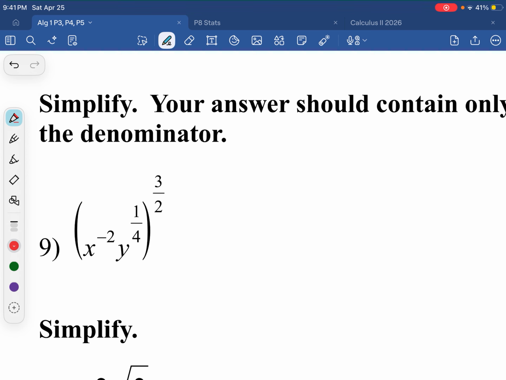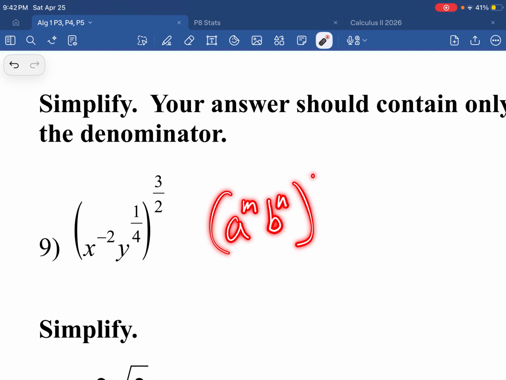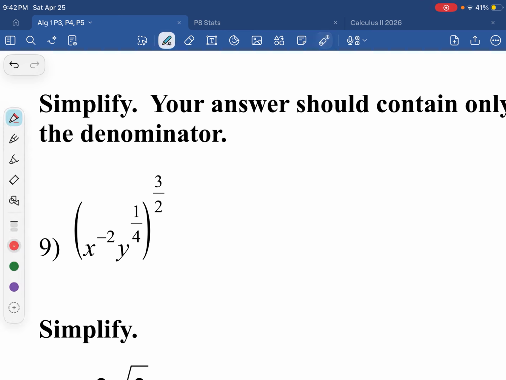When we raise a to a power, if I have a to some number, b to some power, raised to another power, I don't know, d, we're going to multiply the exponents. So here when it's x to the -2 raised to the 3/2, I'm multiplying -2 times 3/2 to get x to the -3.